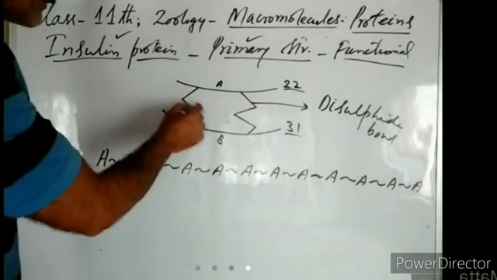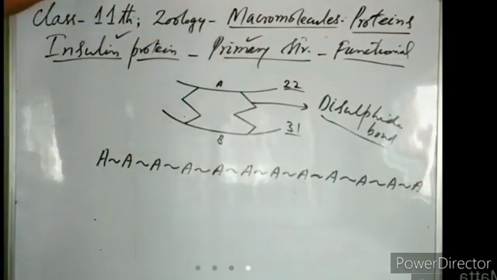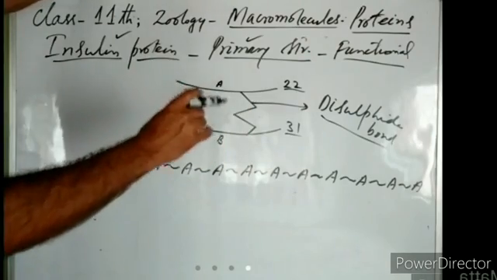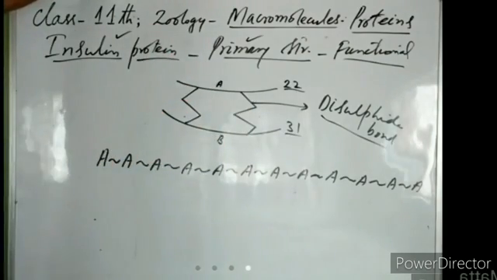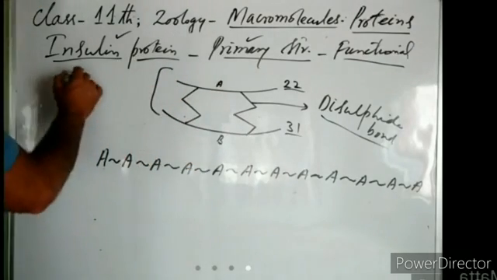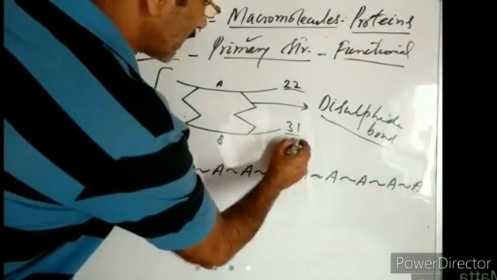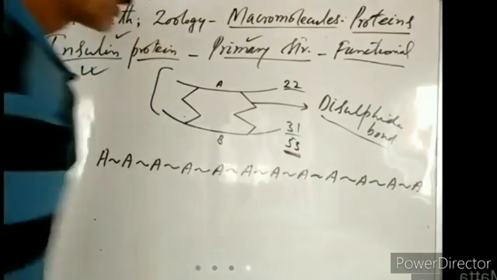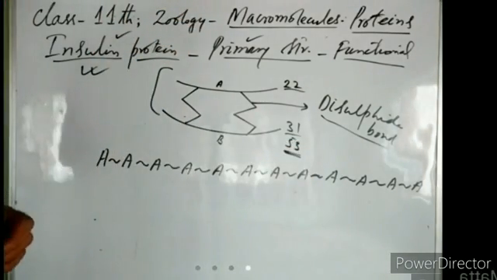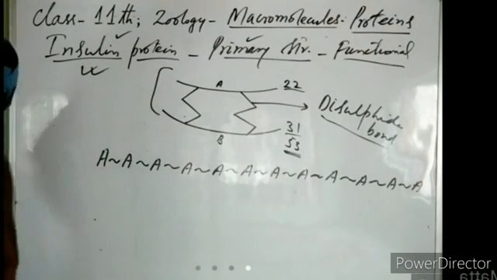Then these two chains are linked by disulfide bridges formed between sulfur-containing amino acids, and that makes insulin the functional protein. In total, there are 53 amino acids in insulin. So insulin is the only protein which is functional in primary structure.